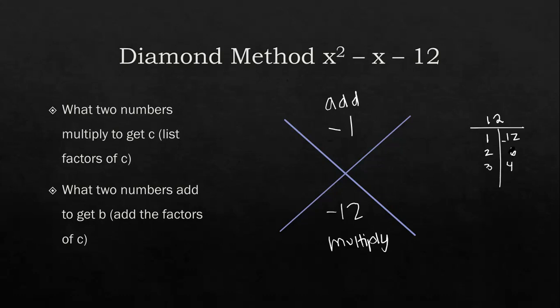Robert, you got it? Jaden, go ahead then. Is it -4 and 3? Perfect. +3 and -4. Because +3 plus -4 is -1, and +3 times -4 is -12. So my two factors would be x plus 3, x minus 4.